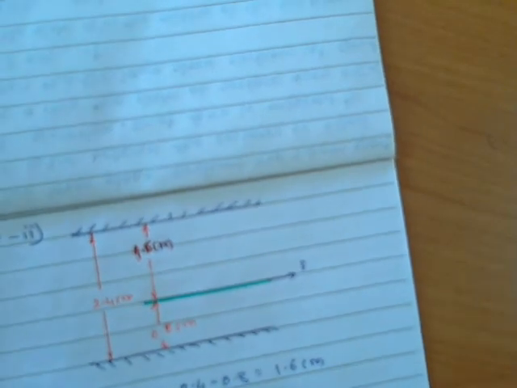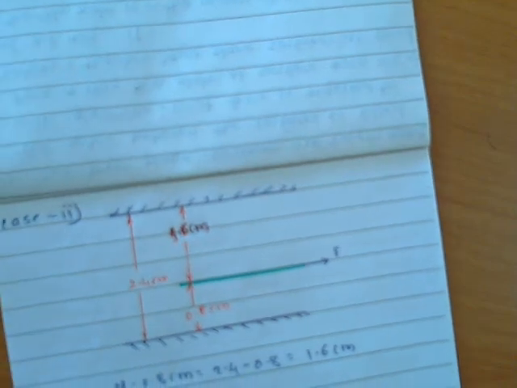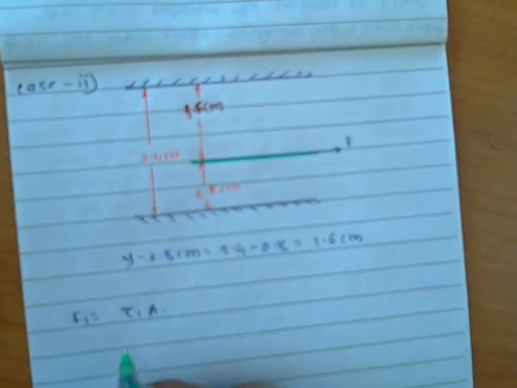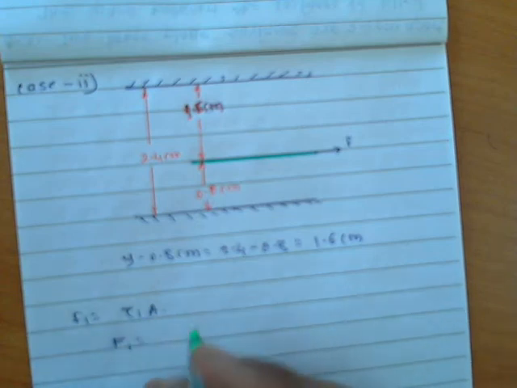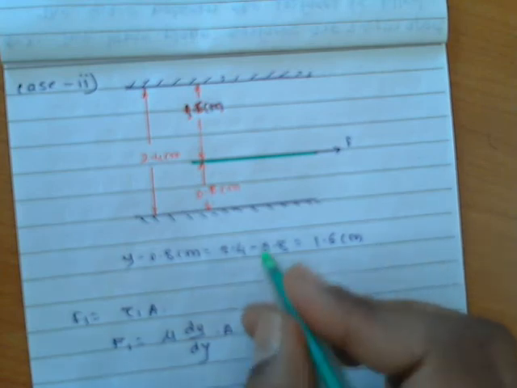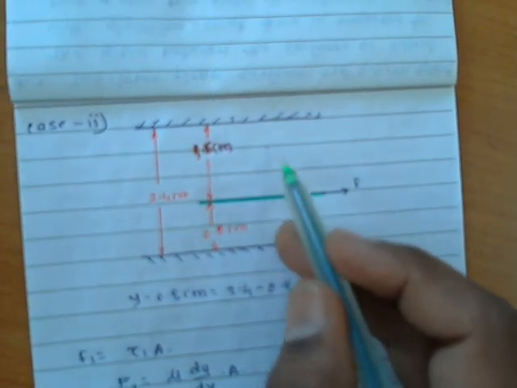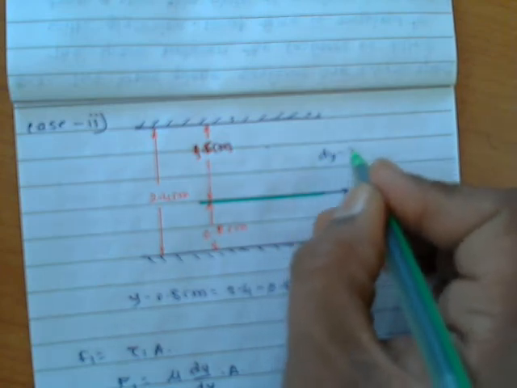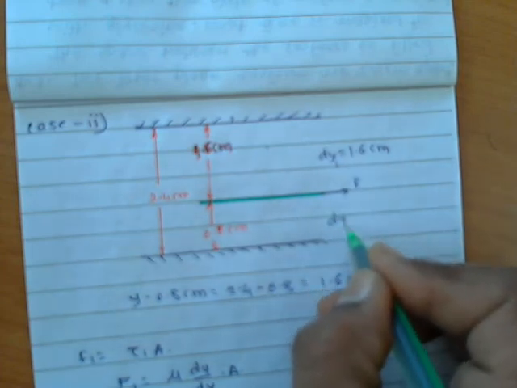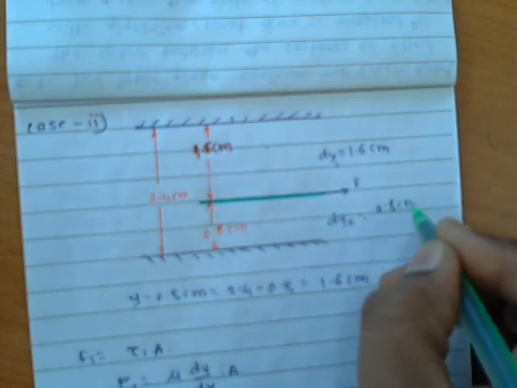Similar to the previous case, the F1 drag force is equal to tau 1 multiplied with area of plate. So F1 is calculated from Newton's law of viscosity, mu du by dy multiplied with area. Here we will find first from the top side. So dy is 1.6 centimeter for the first case, and for the second case it is 0.8 centimeter.